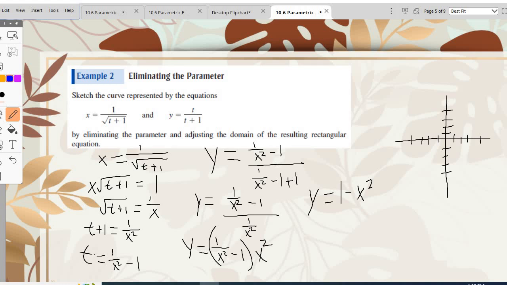It's up 1 because the 1 is outside of the squared. So it looks like that. Yes? But what's the second part of the instruction say?